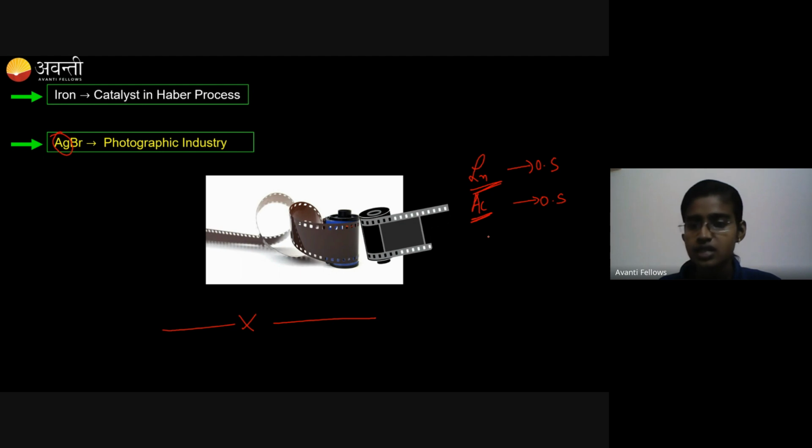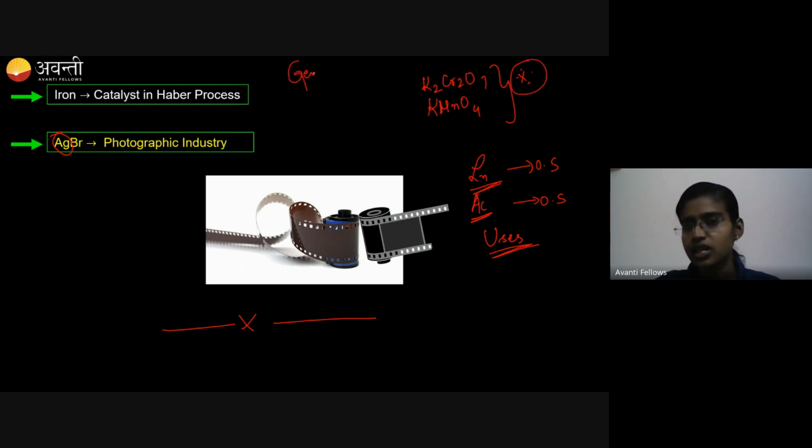And at last, uses of d block and f block are again very important. And the compounds I told you, KMnO4 and K2Cr2O7, again an important topic of this lesson. And before that, we had the general properties of d block.